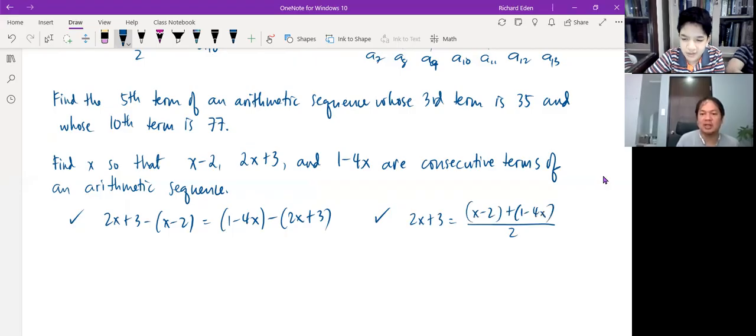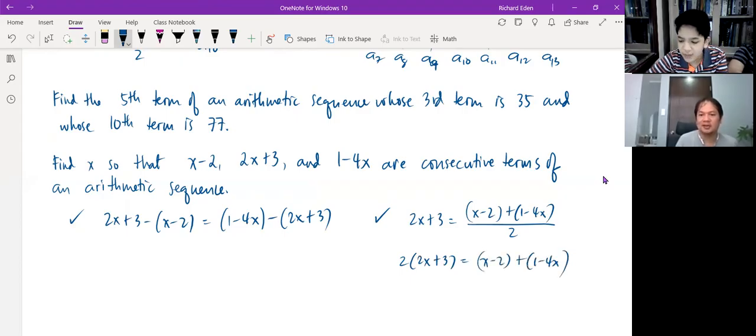So in fact, pwedeng diretso ka na: double the middle equals x minus 2 plus 1 minus 4x. Equivalent po siya din po dun. Yeah, actually, they're all equivalent. Definitely.